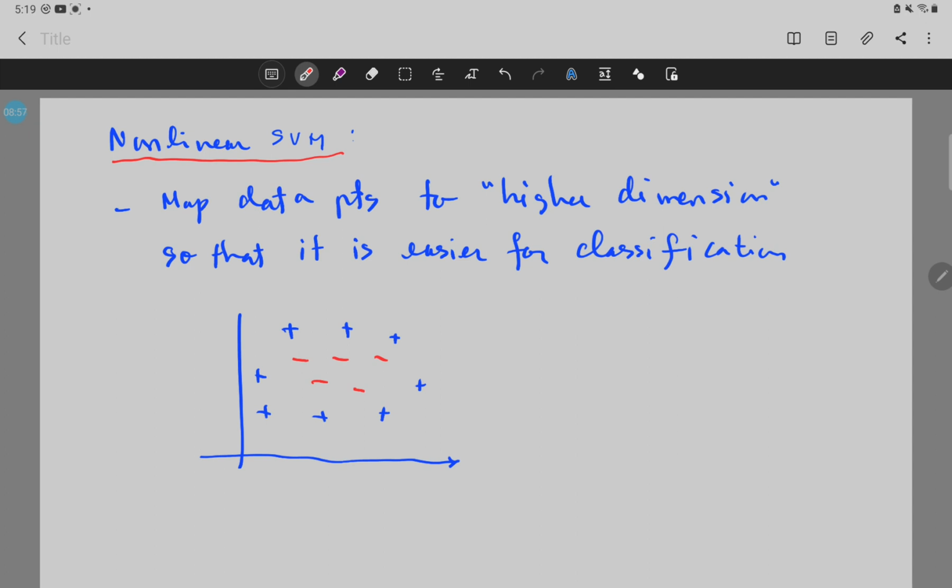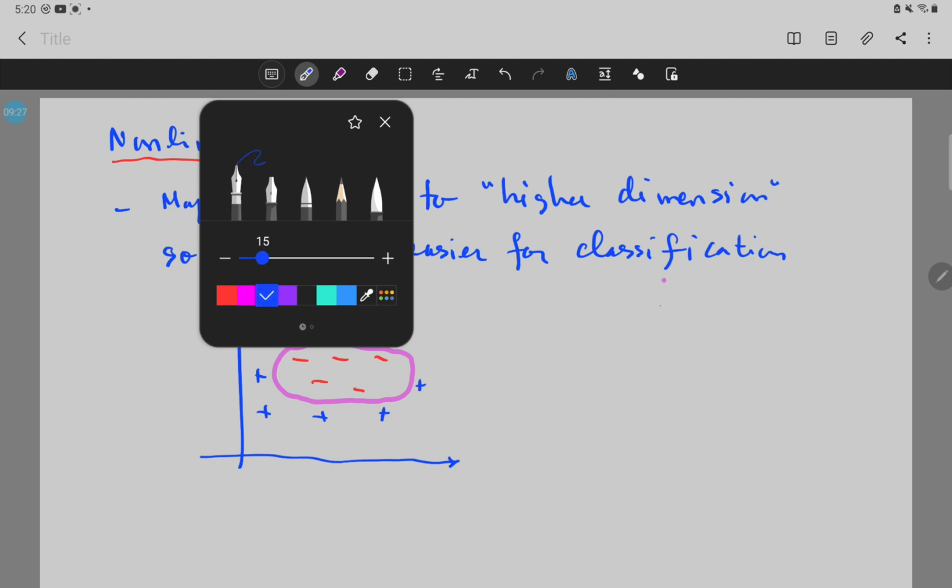Can I do classification of this data? From this picture, maybe you think, how about a boundary like this? Which is true. But for the nonlinear SVM, what they want to do is transform this type of nonlinear picture into a linear construction.